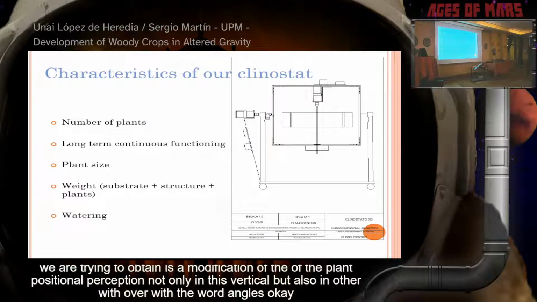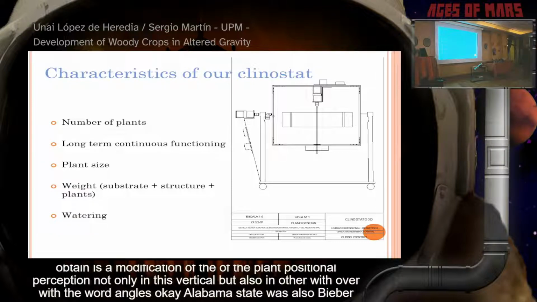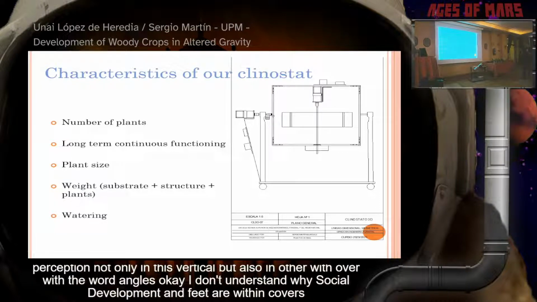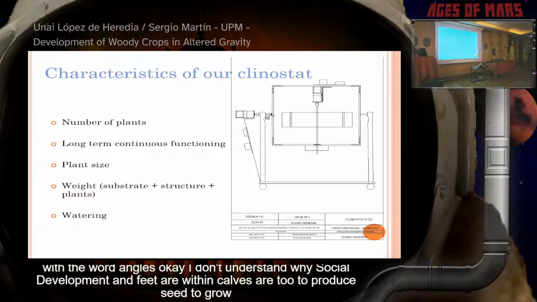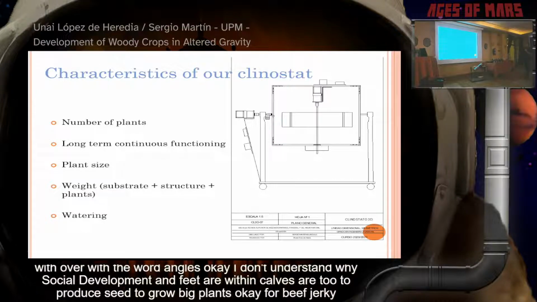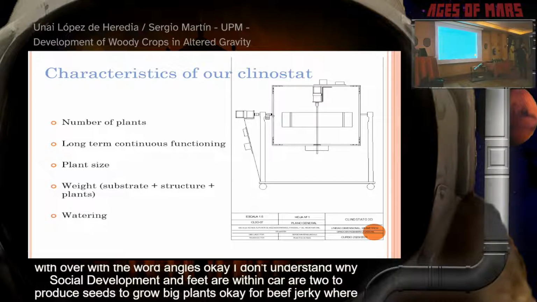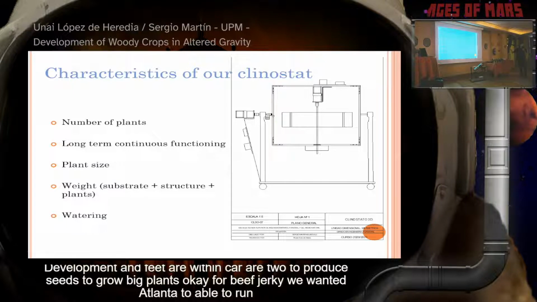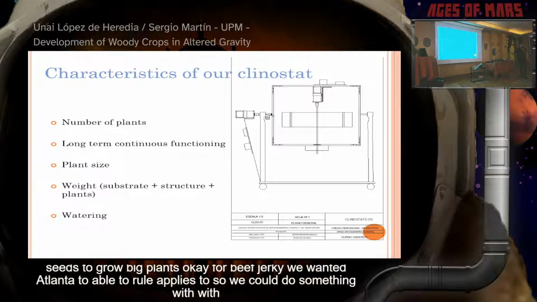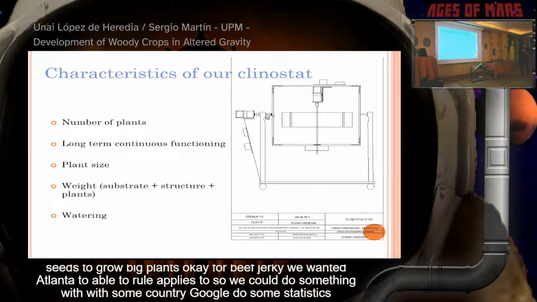Our clinostat was also developed, we think, to grow big plants. What we have here are not that big yet, but we wanted a clinostat able to grow quite a number of plants, with some control plants growing, so we could do some statistical analysis.